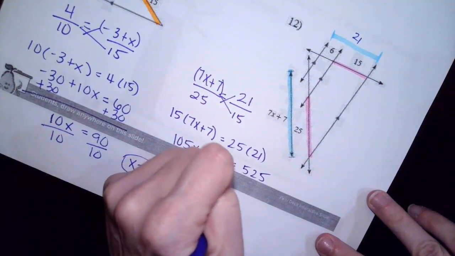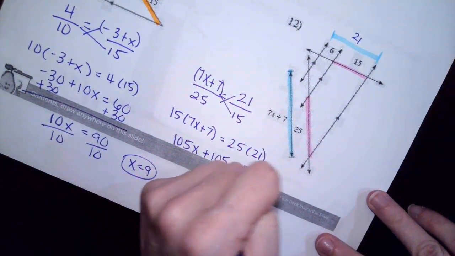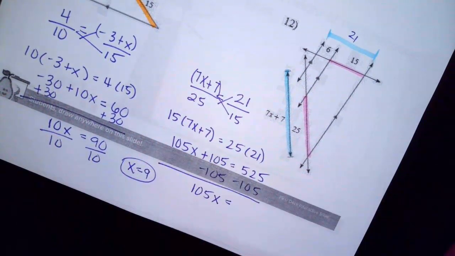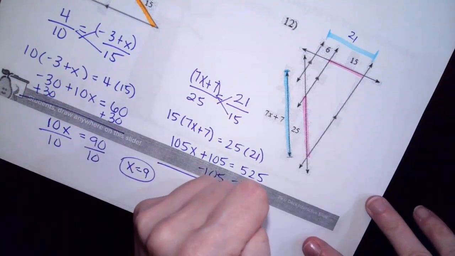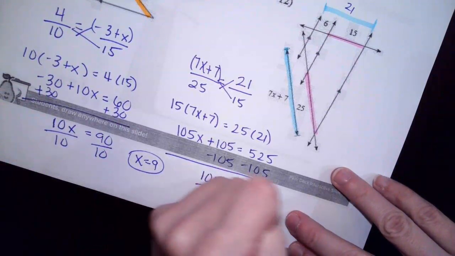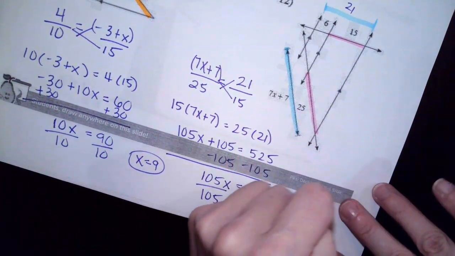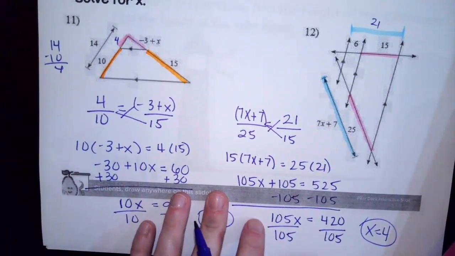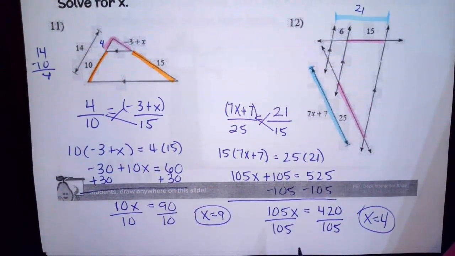Let's subtract the 105 from both sides. So 105x equals 525 minus 105. I end up with 420. Divide both sides by 105. I should get x equals 4. There you go.